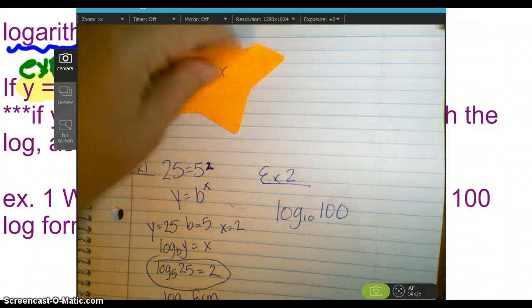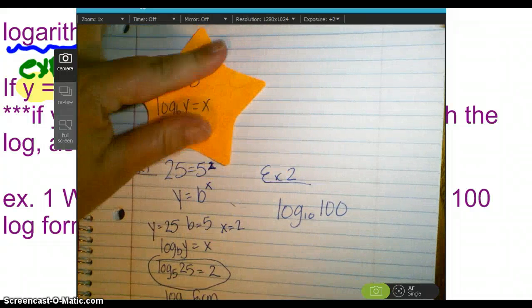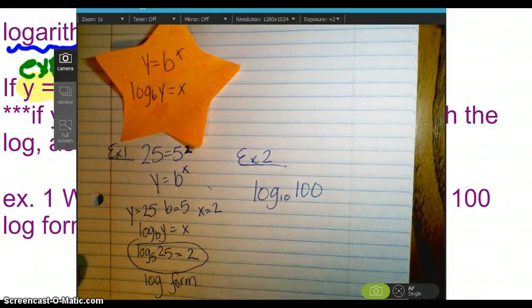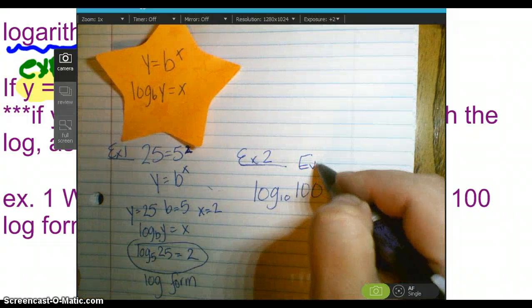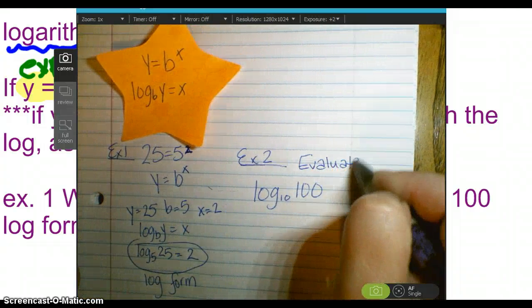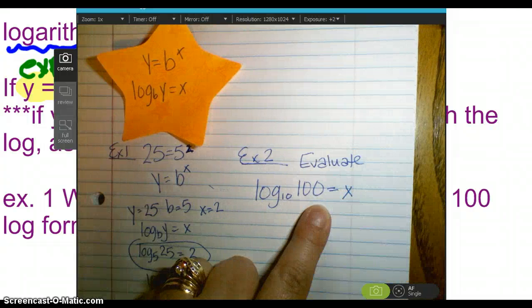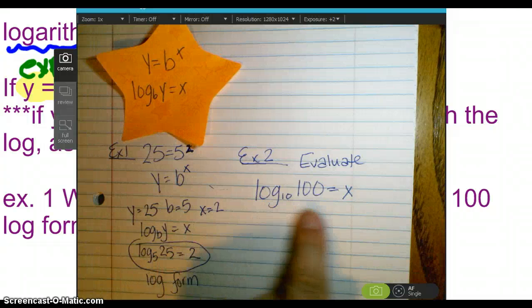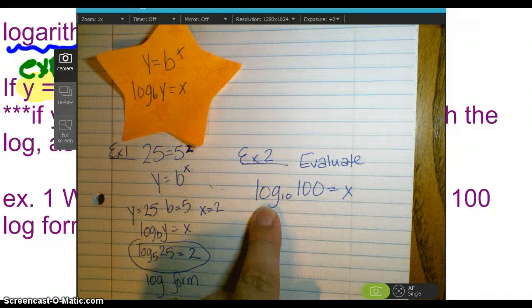Okay, now I'm actually going to take this and move it down just a little so I can move this up. There we go. Now, in this problem, I want to evaluate. So to evaluate, that means I want to really figure out what this equals. Now you'll notice I added an x there. This is log form.